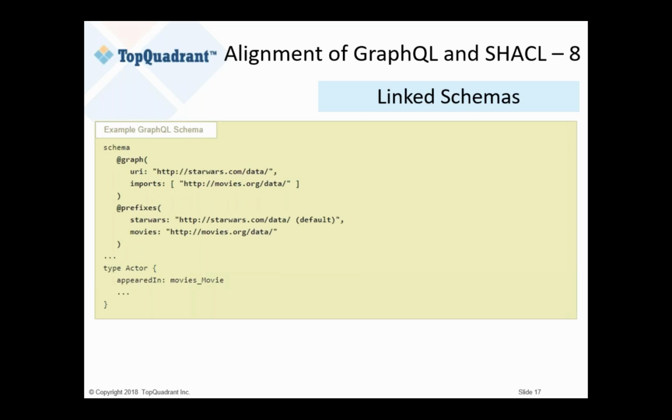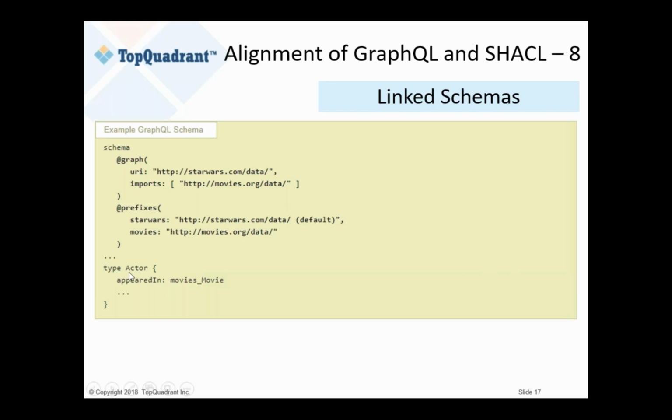And this, as the last feature here, I think I'm going to show is last but one. This mechanism for defining namespaces and URIs also makes it possible to link multiple GraphQL schemas together, which is a strength of semantic technology in general, which is not available in GraphQL out of the box.